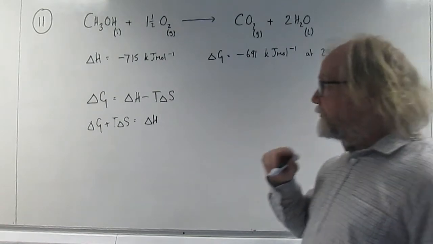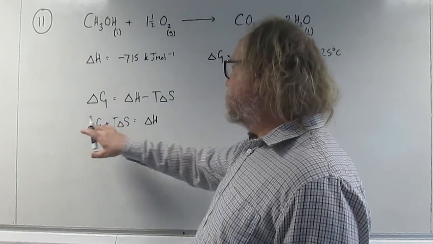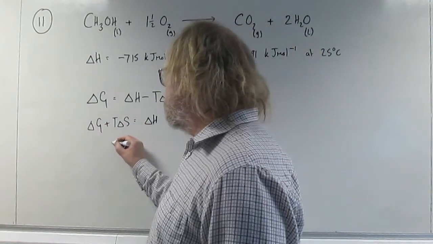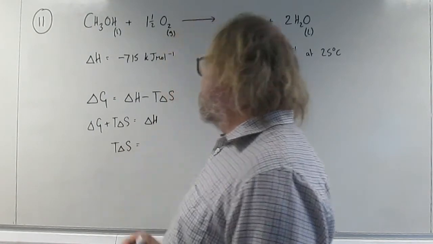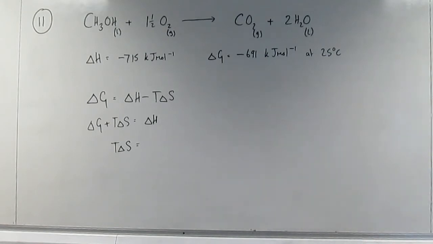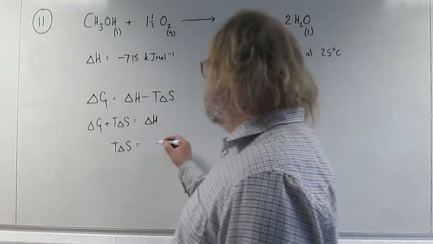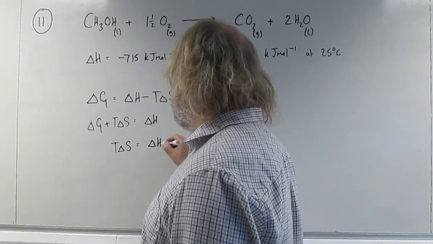Then we can move the delta G term over to this side. This is all because we're trying to get the delta S term on its own. So we've got T delta S is equal to delta H minus delta G.